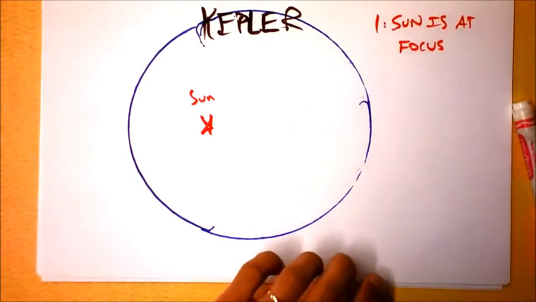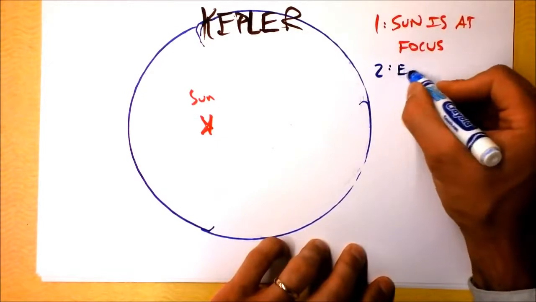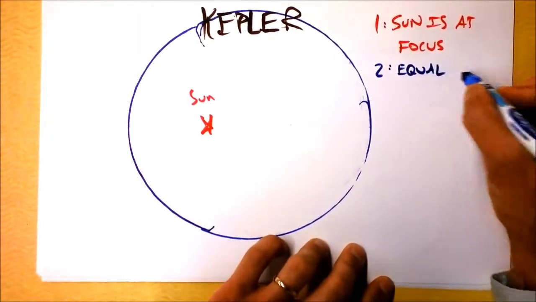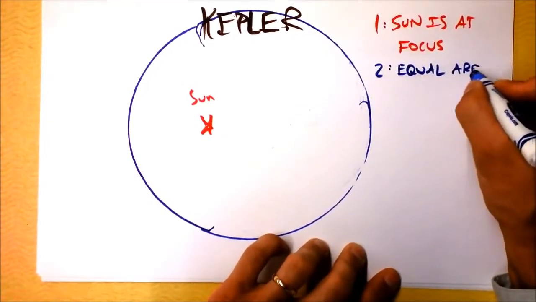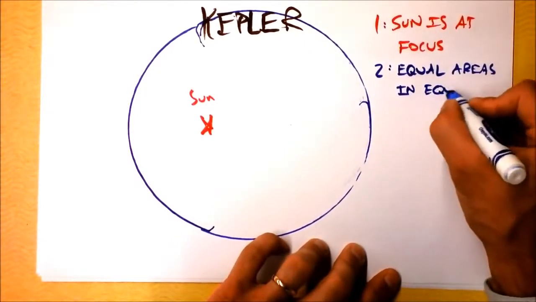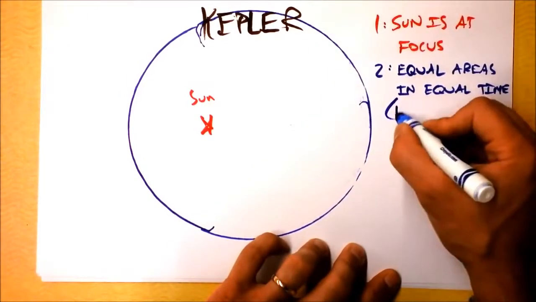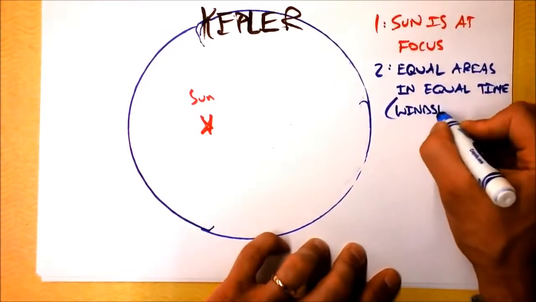All right, and Kepler's second law is the law that I like to call the windshield wiper law. Kepler's second law says equal areas in equal time. In parentheses, I'll call it the windshield law.